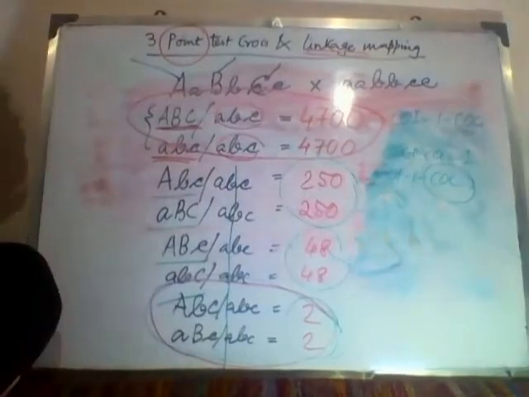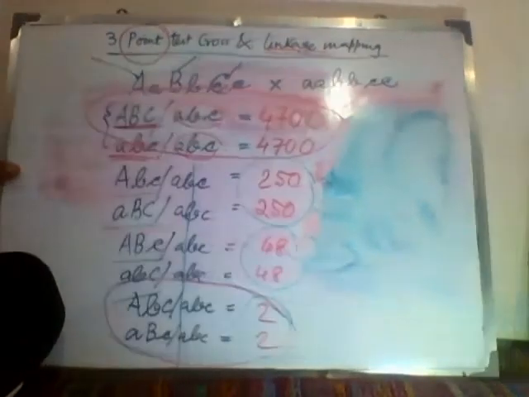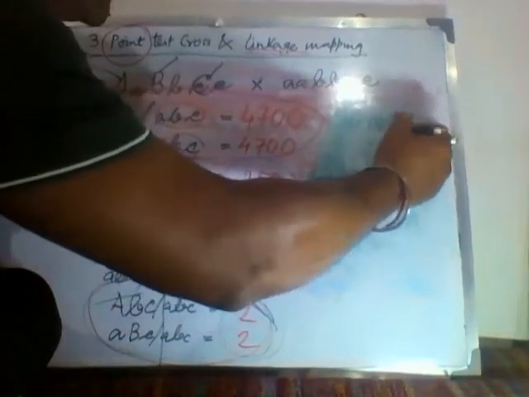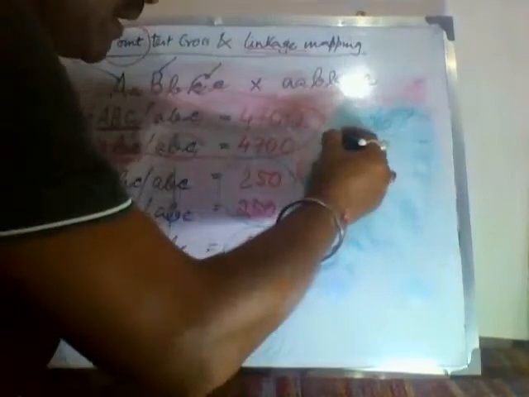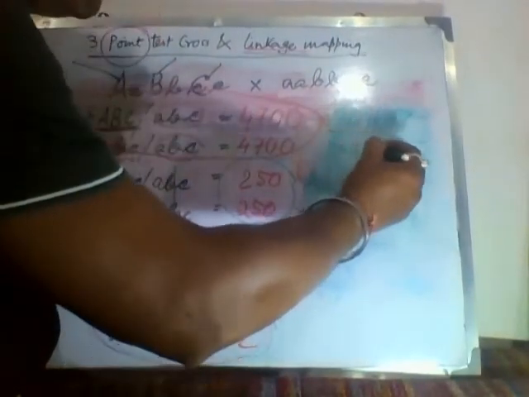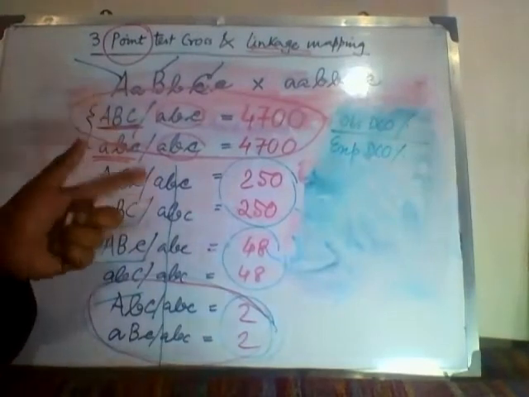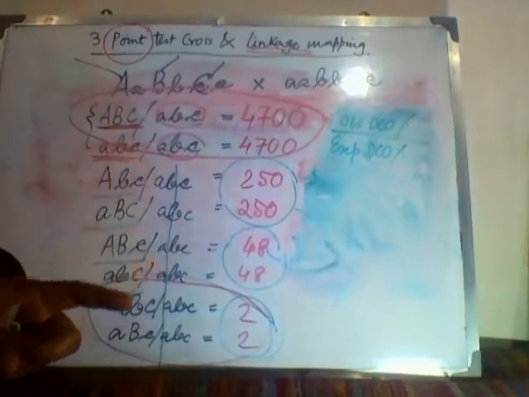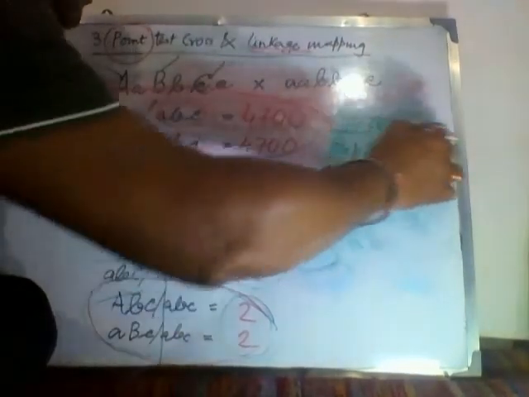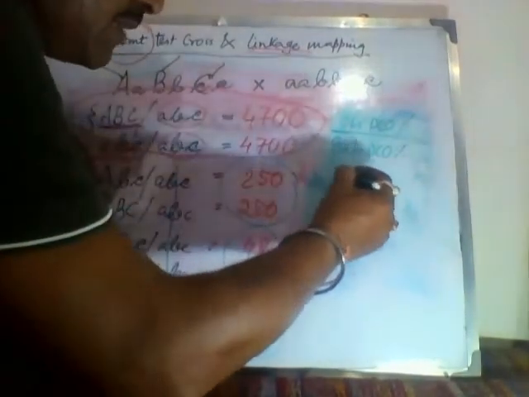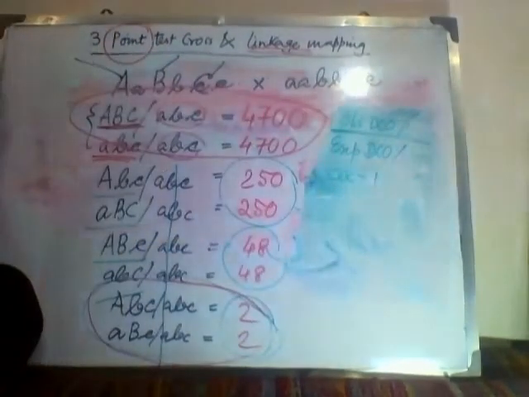Now let's look at the formula for calculating COC. COC is the observed double crossing over percentage divided by the expected double crossing over percentage. This is the derivation of COC. So naturally, if observed double crossing over is equal to expected double crossing over, then the COC becomes 1, right?